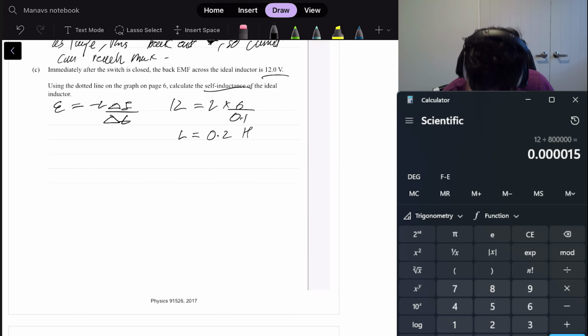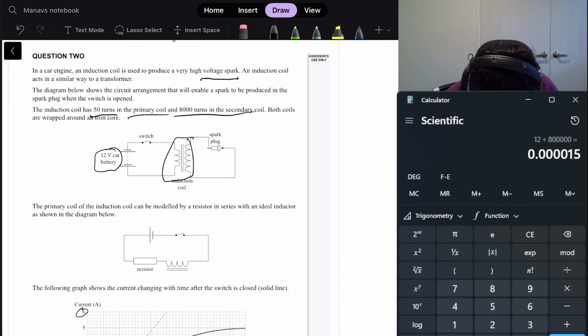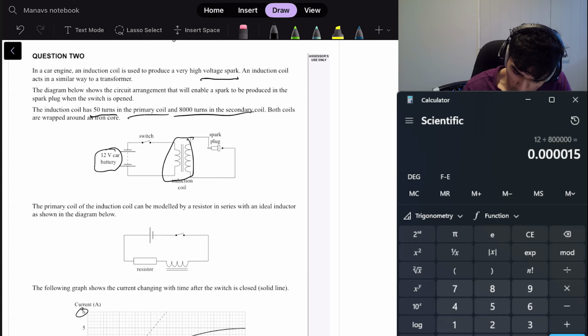Okay, so if we go back to the circuit, we can see this is a closed loop. So when the switch is opened, there'll just be a spark that goes from there to there. Maybe we go blue. Like that.